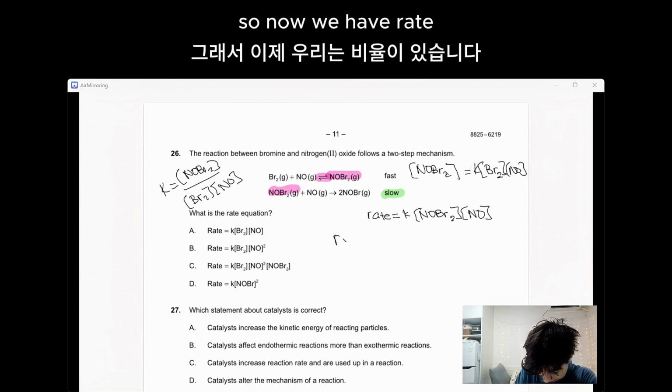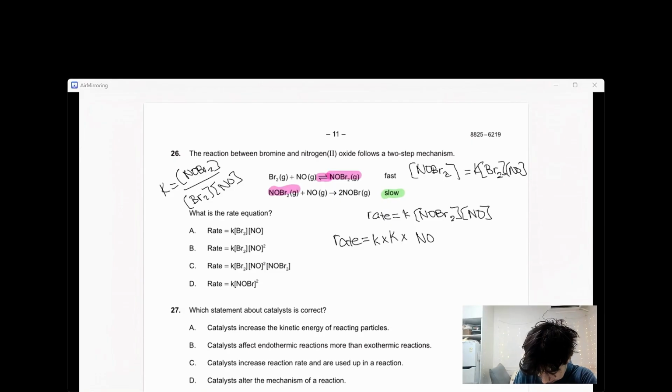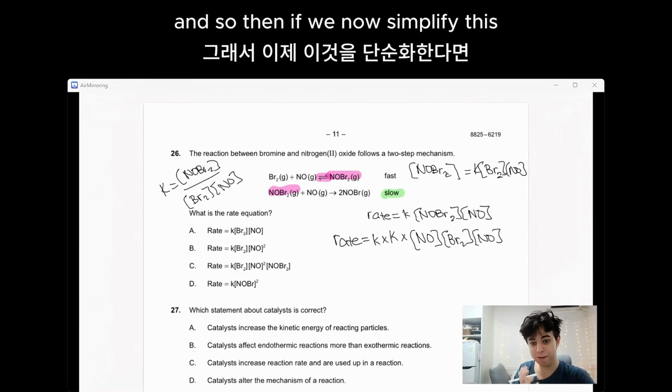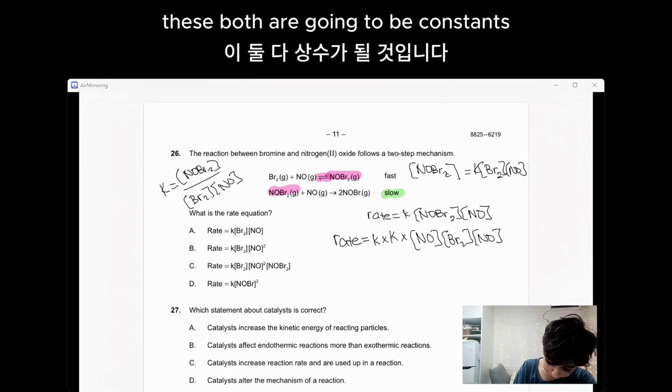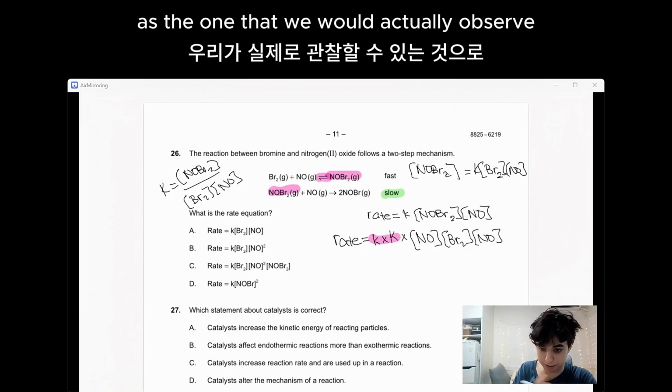So now we have rate is going to be equal to little k times big K times our NO times our Br2 times NO. And so if we now simplify this, these both are going to be constants, so we can just combine it into one k value as the one that we would actually observe.